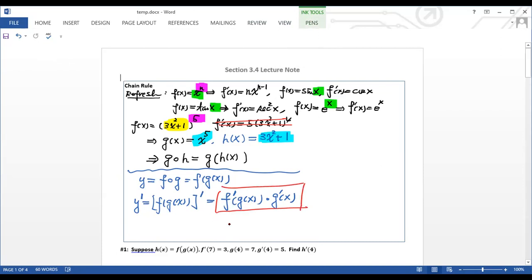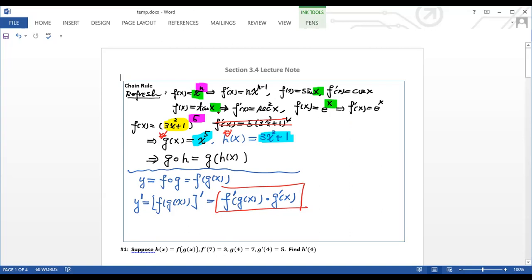Some people also say the chain rule is like peeling an onion, one layer, two layers. You need to recognize where your first layer is, what is g of x, what is h of x, and how you peel that. For each layer, you can use your basic and fundamental formula.